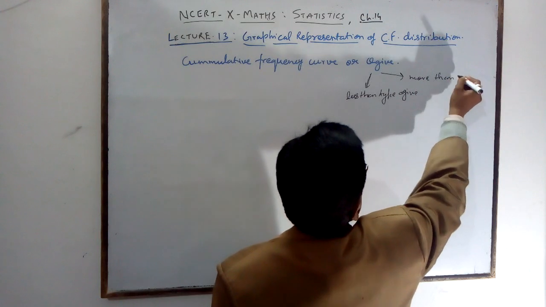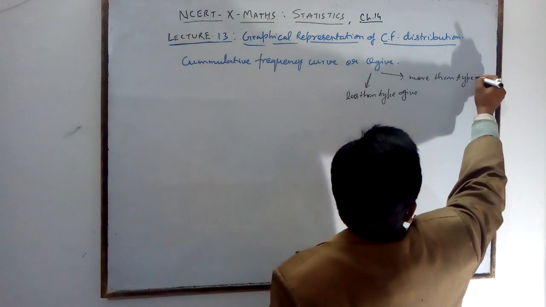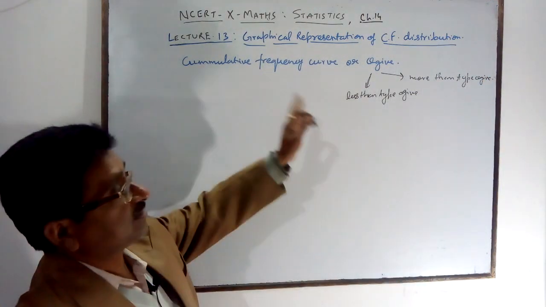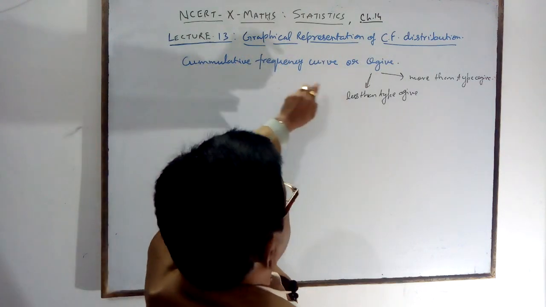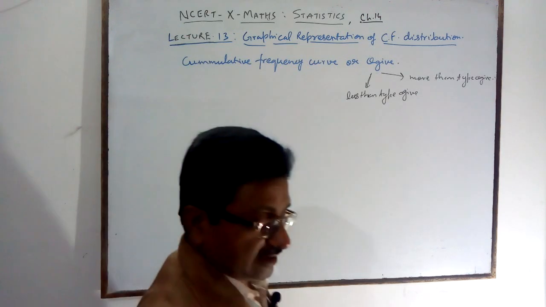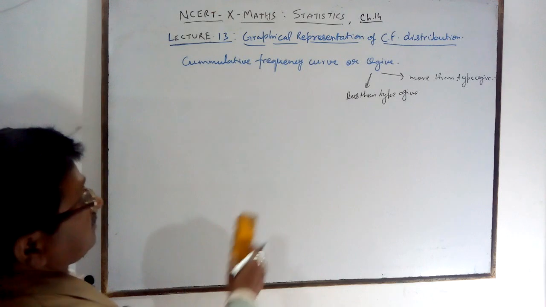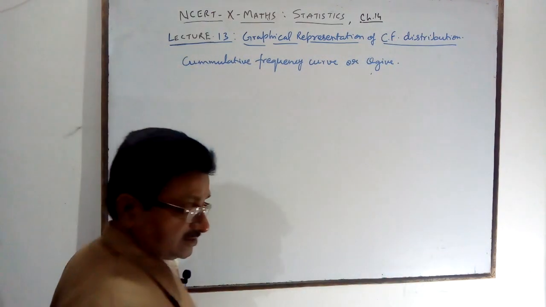You can say more than ogive or more than type ogive. By this you can get the median. It is the graphical representation, and with an example we'll see what the cumulative frequency distribution is.